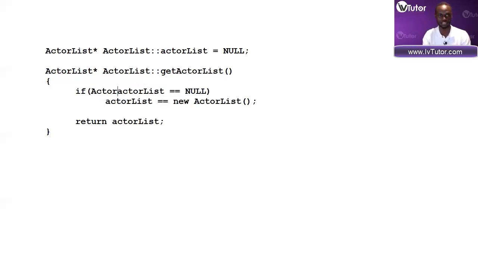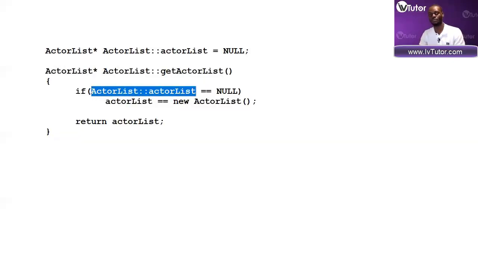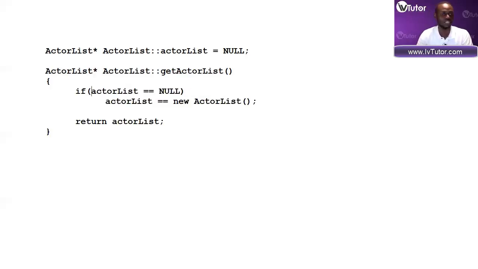So they always do them like this, actor list like that, but it doesn't really matter. So this is also correct syntax-wise to prefix a static variable with the name of the class, but it doesn't really matter. You can just not do it if you don't want to, like this. This will also still work fine. But basically, that's it. That's how you do your implementation of your class, and you're done.